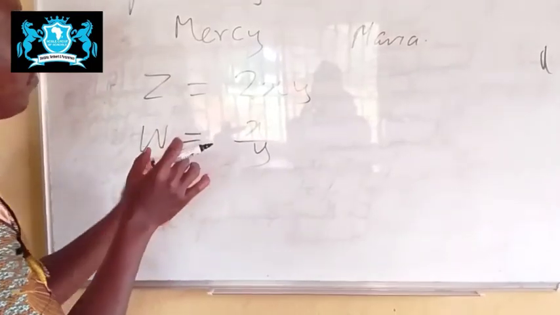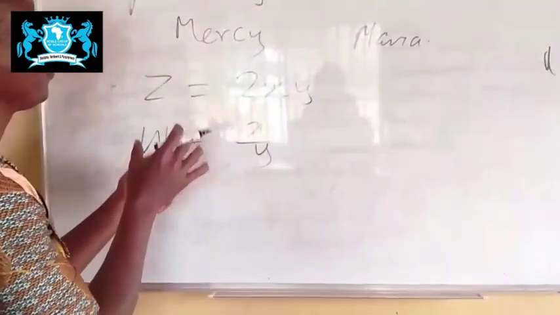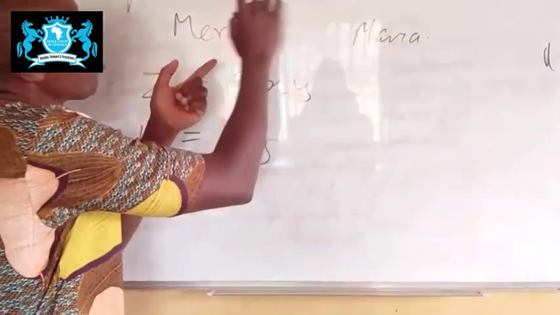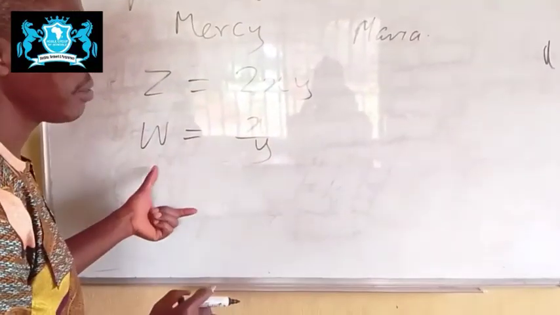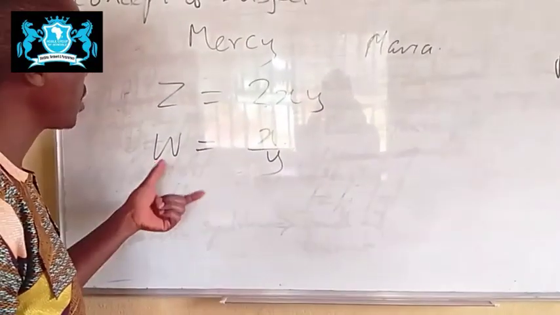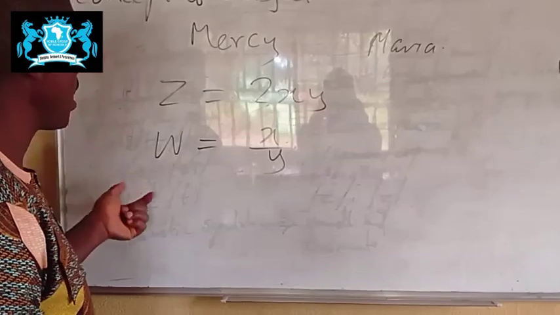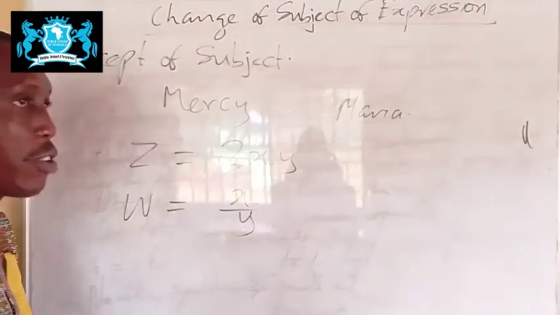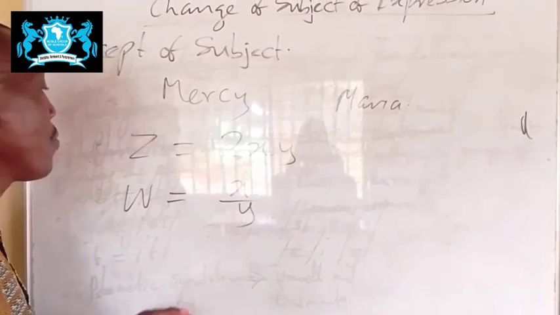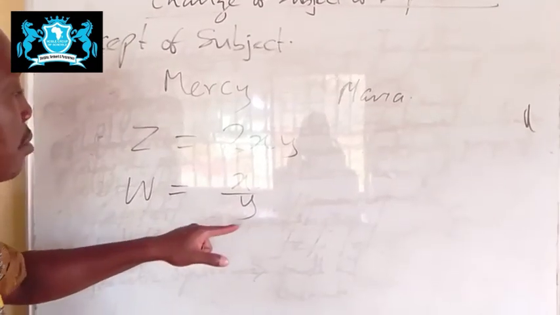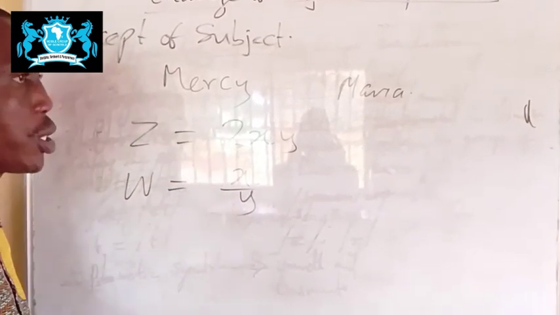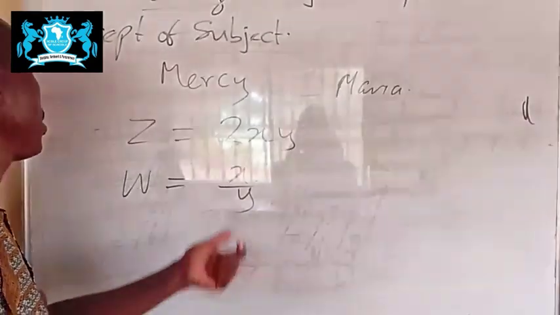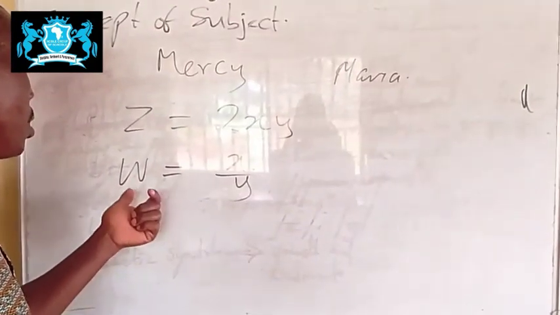That is the meaning of the concept of subject in mathematics, which I say that a variable is said to be the subject of a mathematical expression when every other variable in that expression defines the particular variable in question.